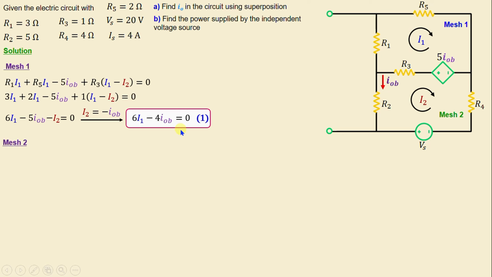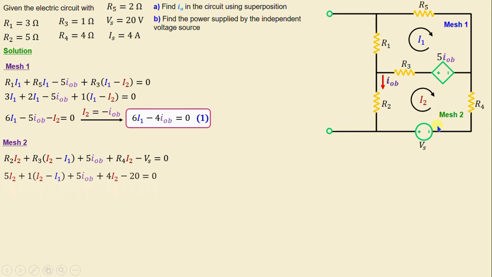Let's move on now to mesh 2. By applying Kirchhoff's voltage law in mesh 2, we can write R2 I2 plus R3 (I2 minus I1) plus 5IOB plus R4 I2 minus Vs is equal to 0.